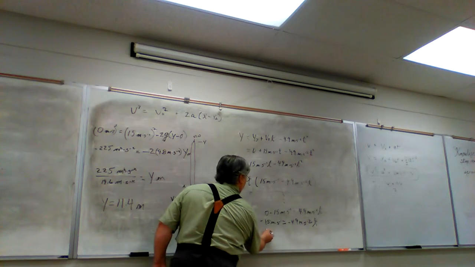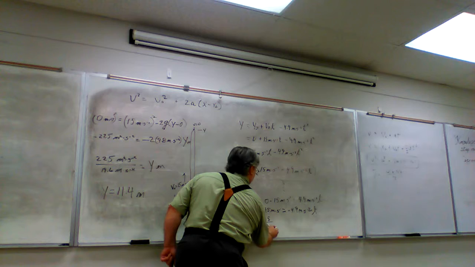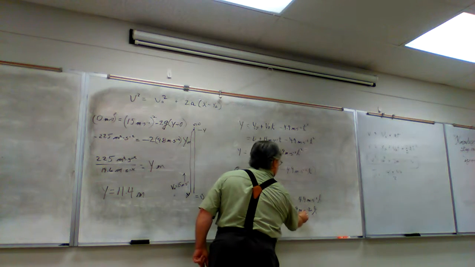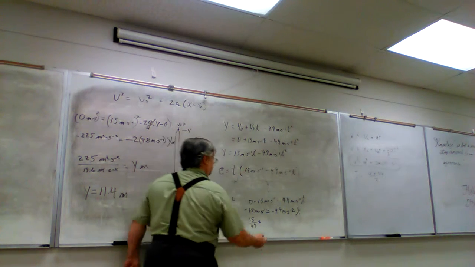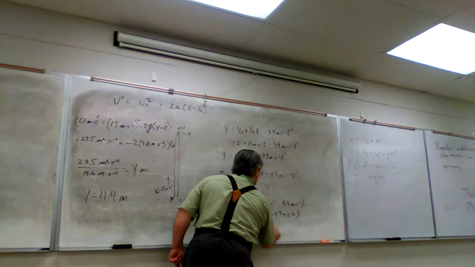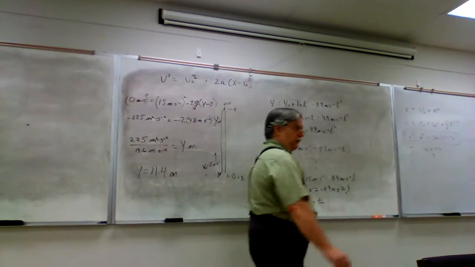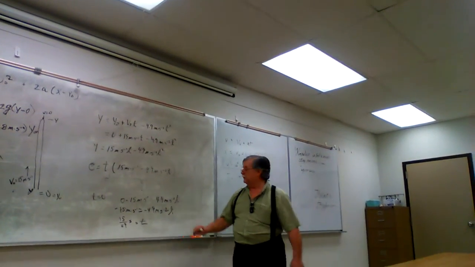The negatives cancel out. We get 15 divided by 4.9 meters per second divided by meters per second squared gives us seconds equals t. What's 15 divided by 4.9? It's going to be just a hair over 3. 3.1.